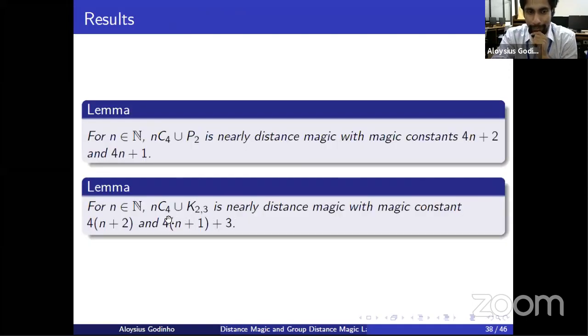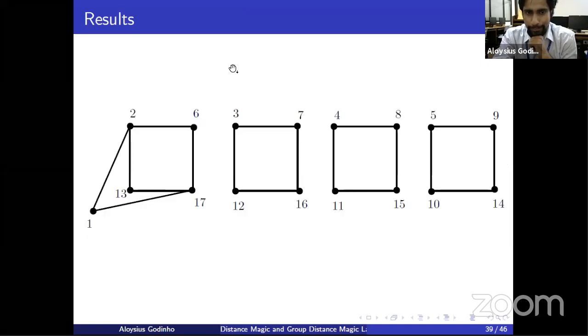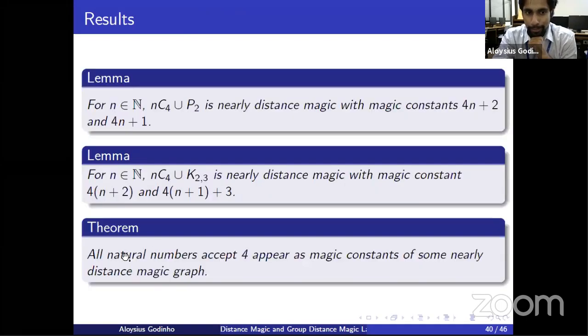We also showed that the graph nC4 union K2,3 is near distance magic with magic constants 4n plus 2 and 4n plus 1 plus 3. This is an example. Based on this, we then show that all natural numbers except 4 appear as magic constants of some near distance magic graph. So all numbers appear as a magic constant of some magic graph.